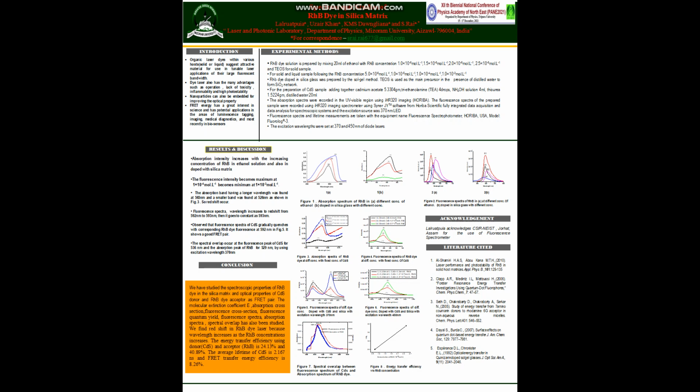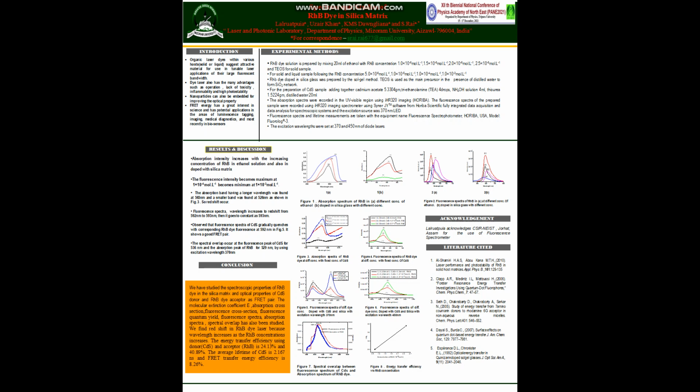In fluorescence spectra of rhodamine at different concentrations also doped in silica glass, that is what we have shown in figure 2A and B. The band tunability for liquid phase is from 520 to 750 nanometer, and for solid phase is 450 to 800 nanometer.